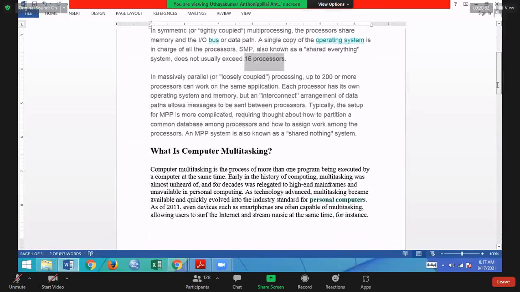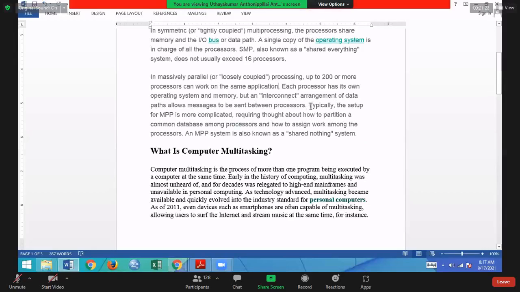In massively parallel or loosely coupled processing, up to 200 or more processors can work on the same application. Each processor has its own operating system and memory, but an interconnect arrangement of data paths allows messages to be sent between processors.